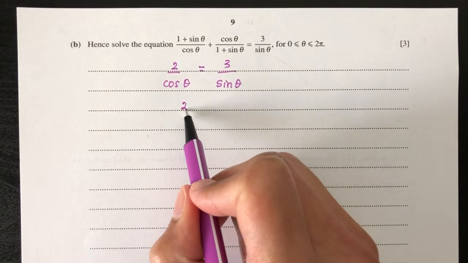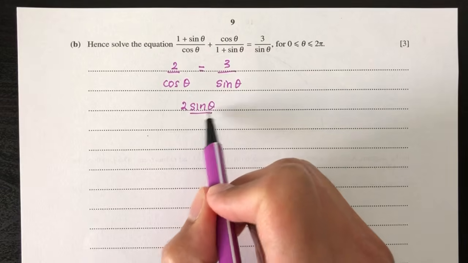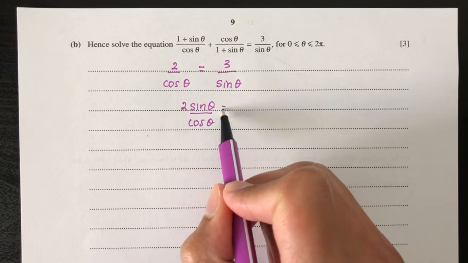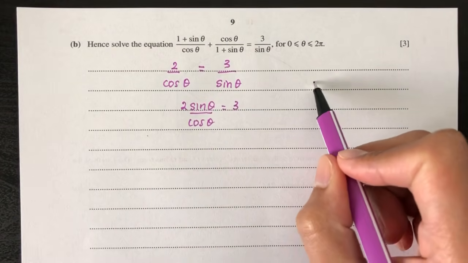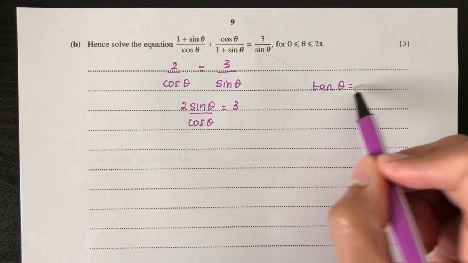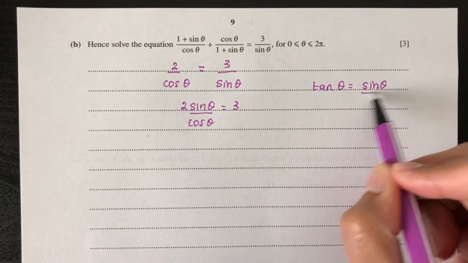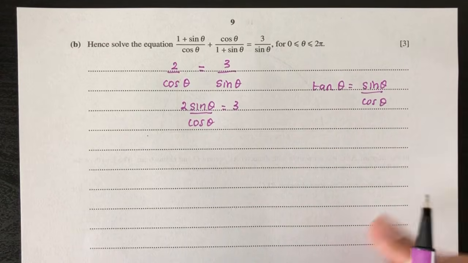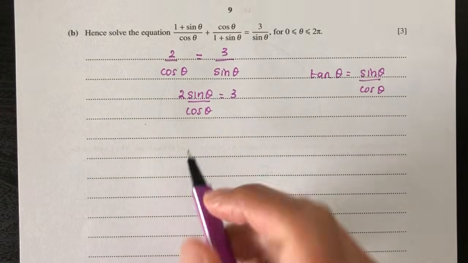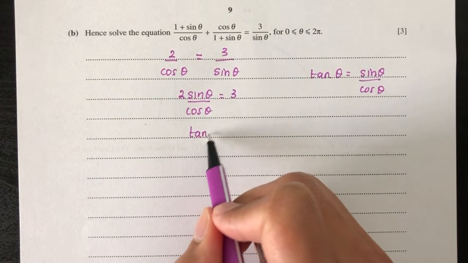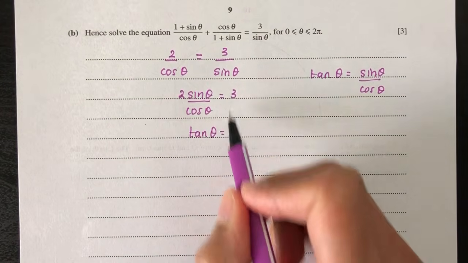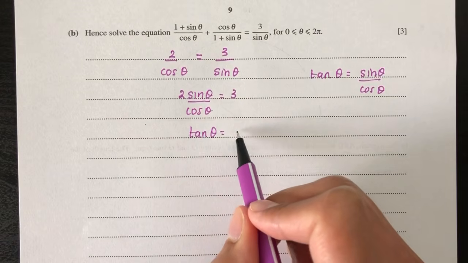You will have 2 sine over cos equal to 3. Now you know that tan theta is equal to sine theta over cos theta. So here we have sine over cos, that will become tan. And we can send 2 over this side, that will become 3 divided by 2, which is 1.5.